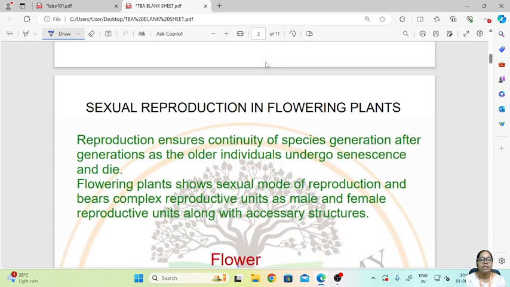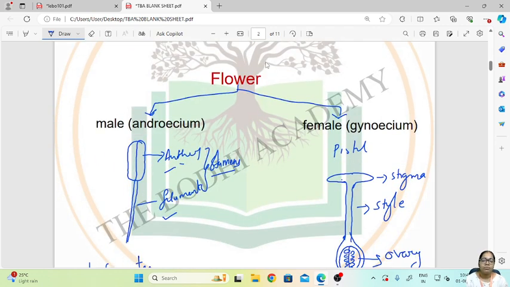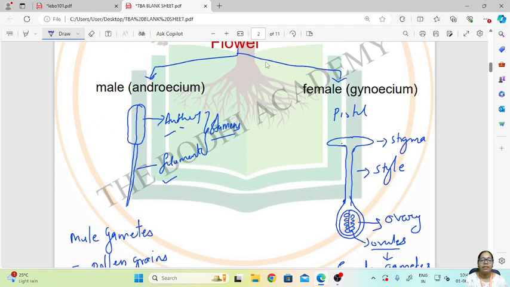So what we have seen in today's class is the meaning of reproduction and how reproduction happens in the plant. It is through the flower, which is called the reproductive organ of the plant. The flower consists of two parts, that is the male reproductive part and the female reproductive part: anther and filament are the male reproductive part, and stigma, style and ovary are the female reproductive part.